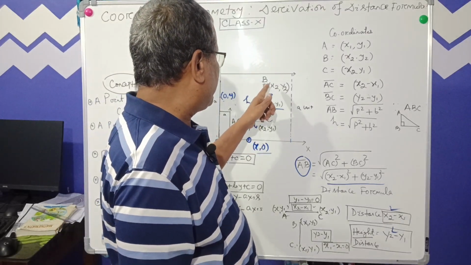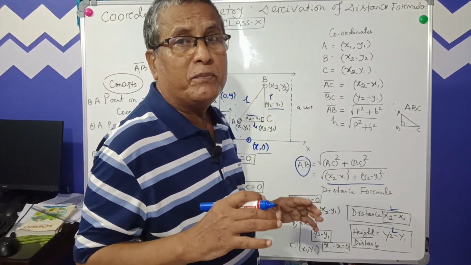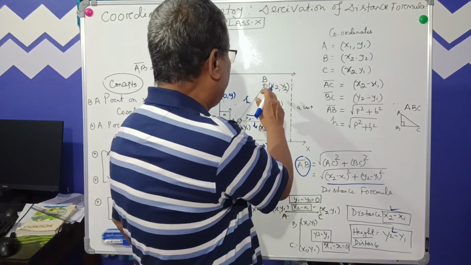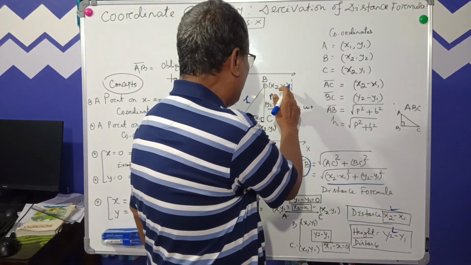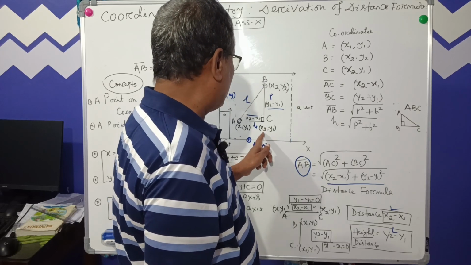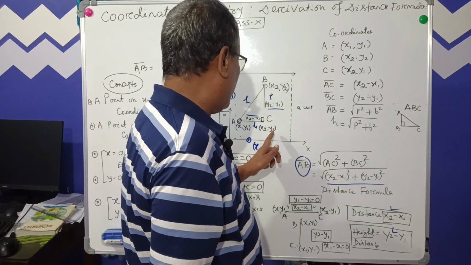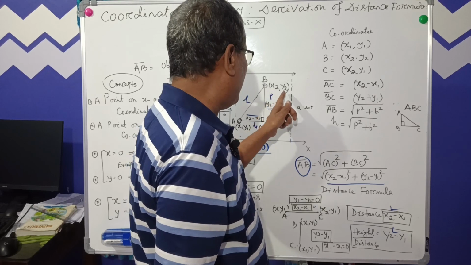Similarly, applying this principle, let us find out the coordinates of the point B. Here B is x2, y2.